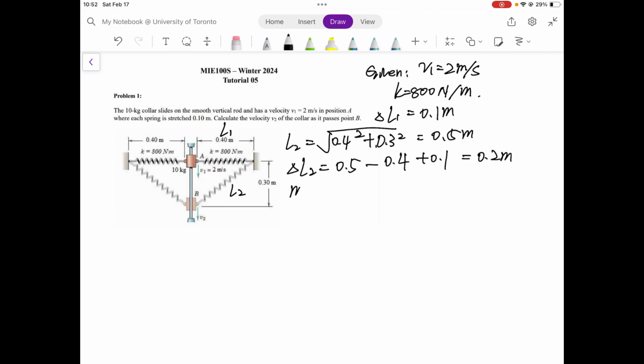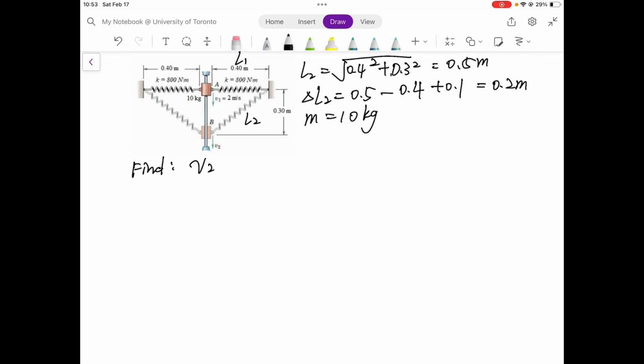And also the mass of the collar is equal to 10 kilograms. What we need to find is the velocity of the collar at point B, which is equal to V2.